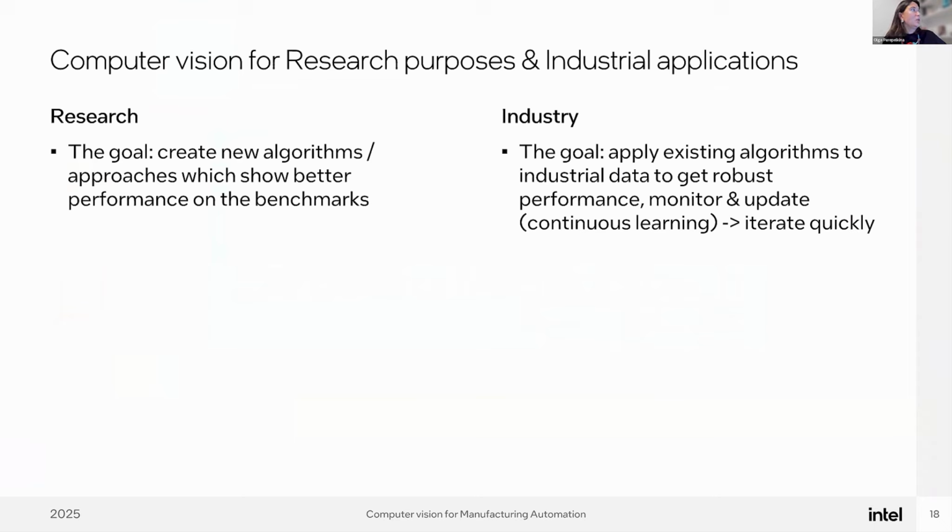So in research, the goal is to create some new algorithms and approaches, and usually we show the differences of these approaches on some existing benchmarks, for example, ImageNet or some more modern data sets. In industry, we do not care about the performance on some existing benchmarks. We do care about the performance on real world data, right? And on industrial data. And the goal is to apply existing algorithms to industrial data.